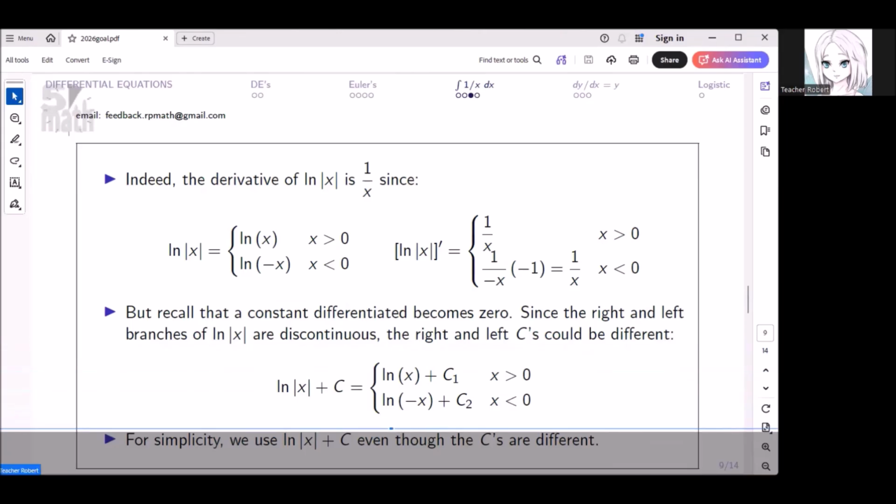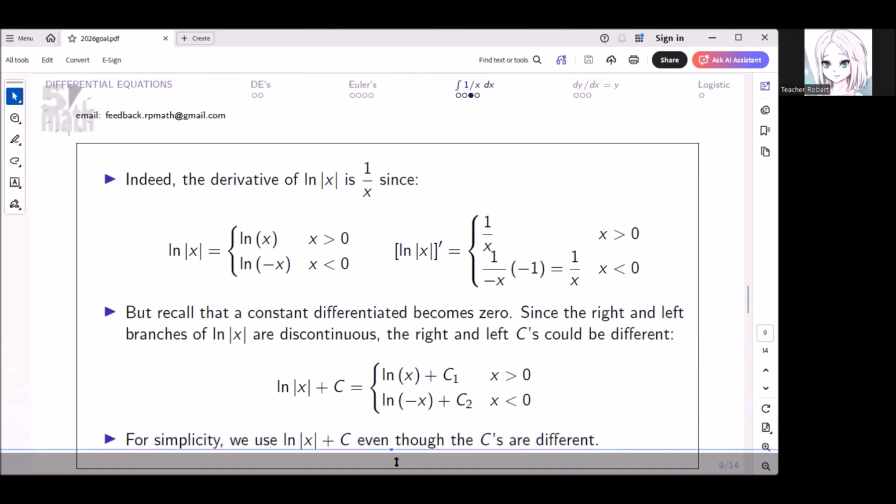ln absolute value x plus c equals ln x plus c1 for x greater than 0, ln negative x plus c2 for x less than 0. For simplicity, we use ln absolute value x plus c even though the c's are different.